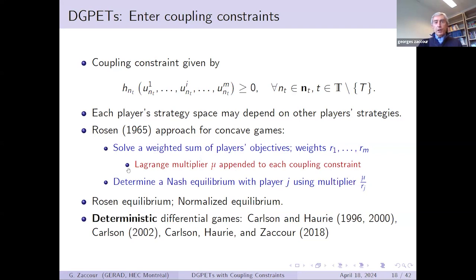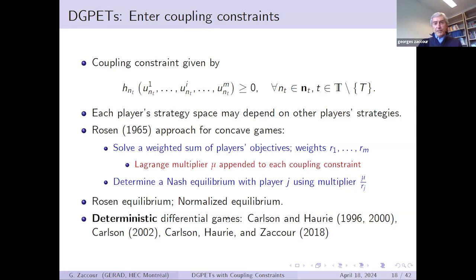So here we talk about Rosen equilibrium, and sometimes it's referred to as normalized equilibrium. Some literature also calls it generalized Nash equilibrium. I think it's an abuse of language here. I prefer either Rosen equilibrium or normalized equilibrium. The theory regarding normalized equilibrium in dynamic games was developed 25 years ago, more or less.